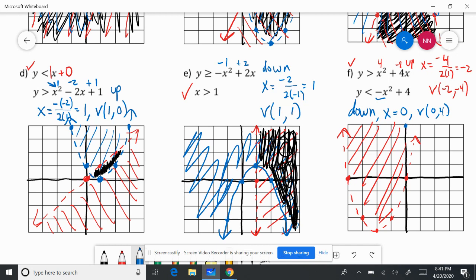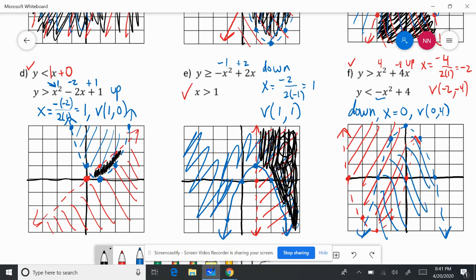So 0, 4, I plot my point. I go down 1, and then I go down 4. Since it's less than, I'm going to shade below.